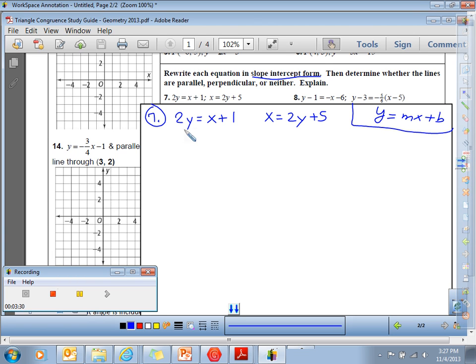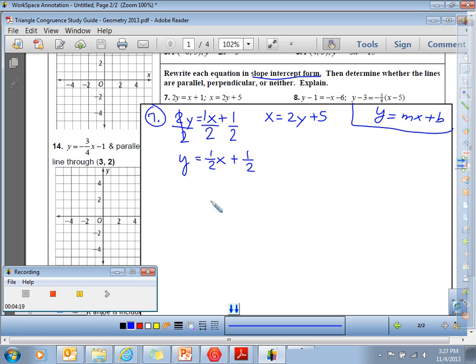Right. It is multiplied by 2, so we divide by 2. If you divide everything by 2, you're left with just y. And then what's in front of this x here? 1. So you have 1/2 times x plus 1/2.